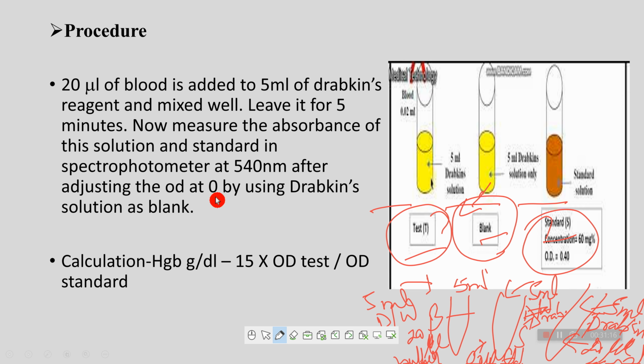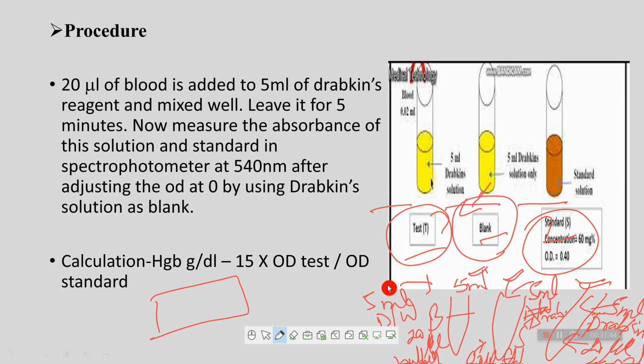Now we have to leave it for 5 minutes at room temperature for incubation, so that the reaction can occur in all the tubes. After 5 minutes we measure the intensity of these tubes in the colorimeter.